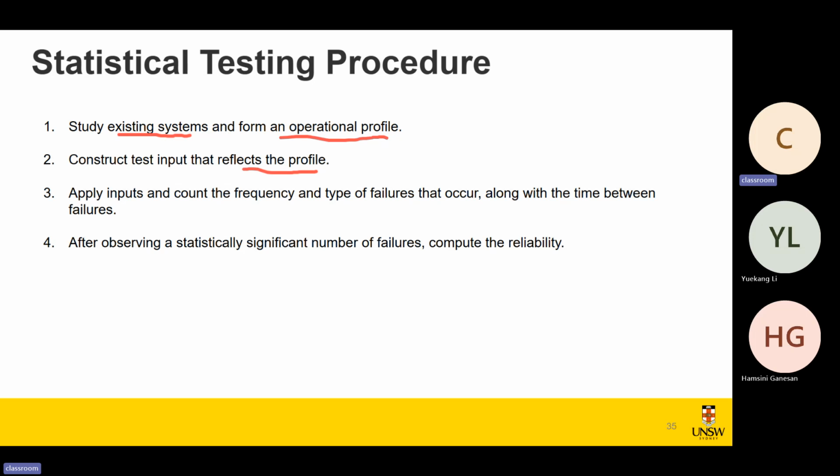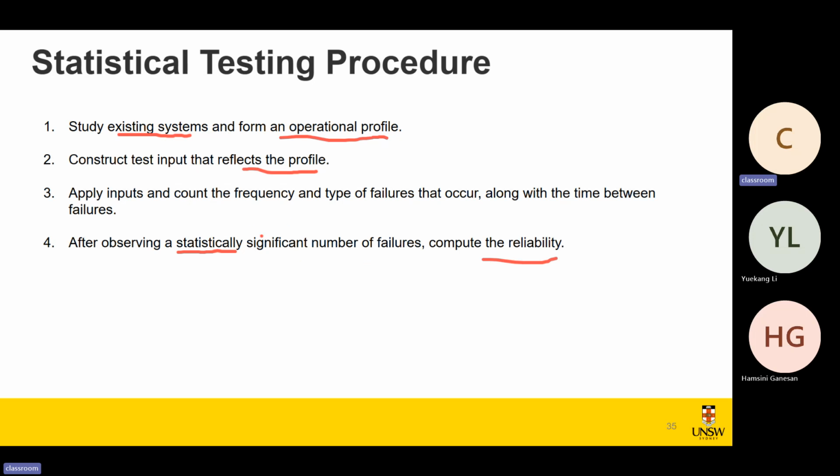So we can construct test inputs roughly similar to the operational profile, and then we can test the system with the constructed test inputs, and then once we have observed some number of failures, then we can calculate the reliability.